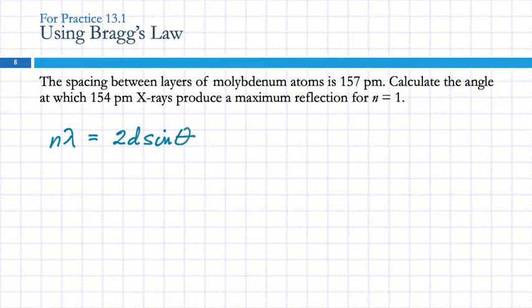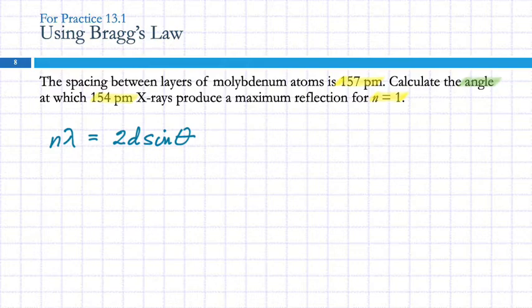And here they are asking us to find the angle. We're supposed to calculate the angle, and the information given is the distance between the layers, that's d, the wavelength, and the value of n.